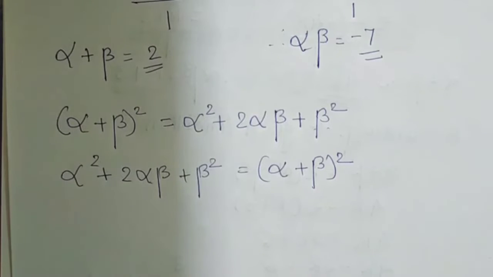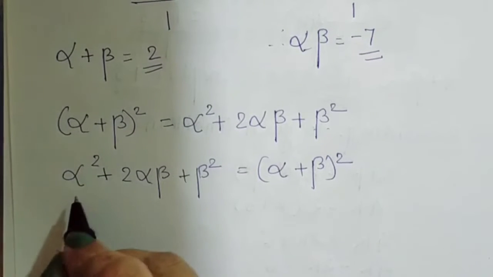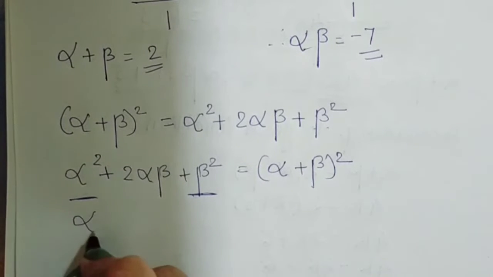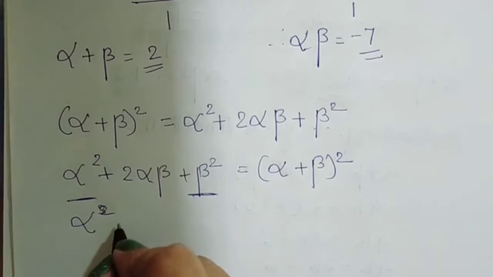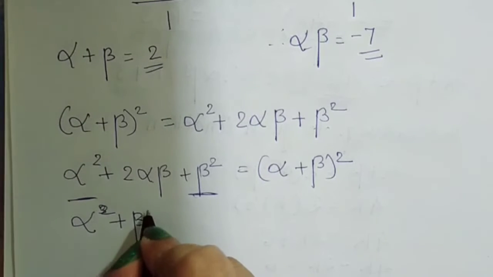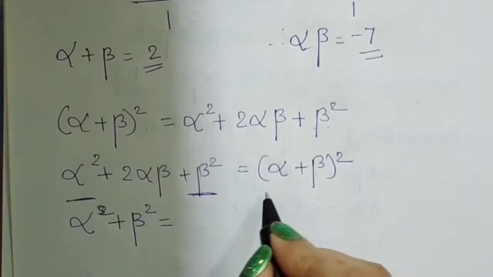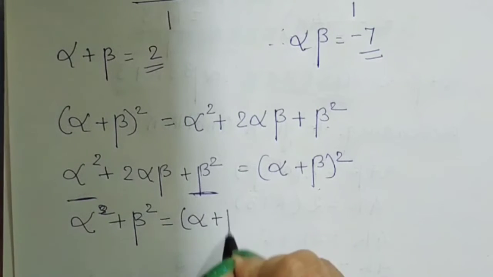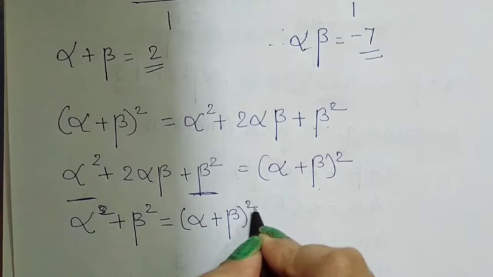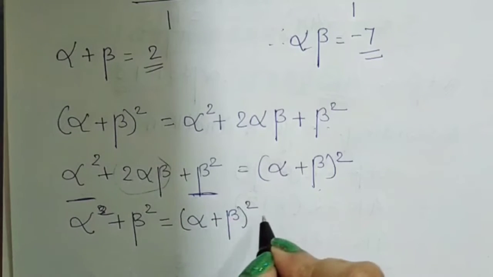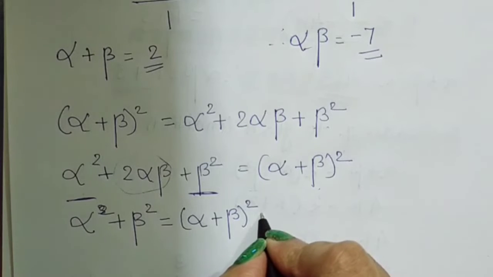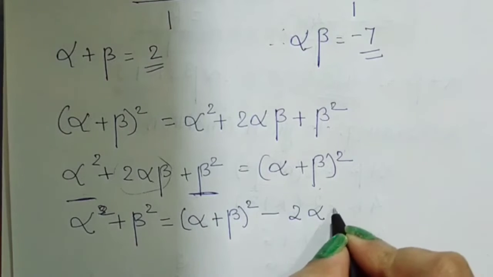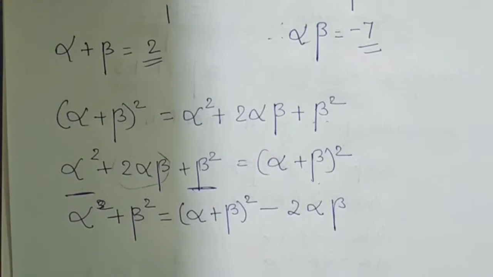Now here, as you can see, these two terms we take first: alpha square plus beta square equal to, this we take next, alpha plus beta square, and now we take this one here, minus will come because it goes to the right side now, minus 2 alpha beta.